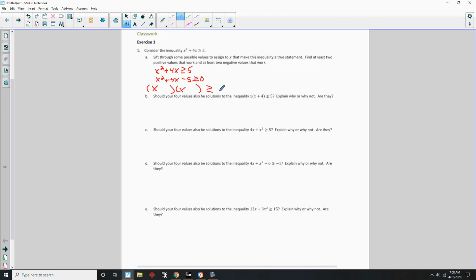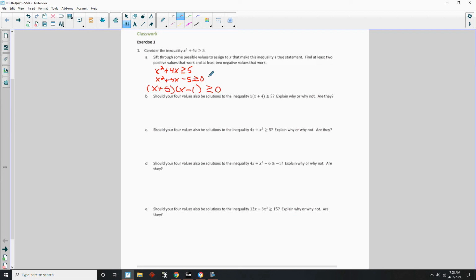Factors of 5 that add up to 4 are 5 times 1. In order to get c to be negative, one has to be positive, one has to be negative. In order for the middle term to be positive, the bigger number must be positive, so therefore the smaller is negative. So I get x plus 5 times x minus 1 is greater than or equal to 0.